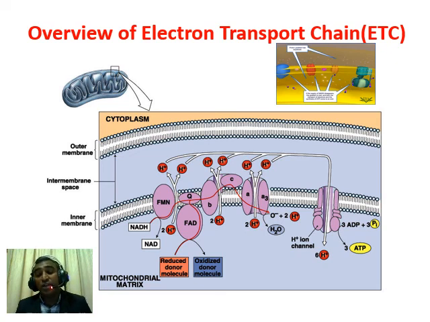And also don't forget the low energy electron will help to convert the oxygen to water molecule altogether. So this is just to generalize what happens in the electron transport chain combined with oxidative phosphorylation.